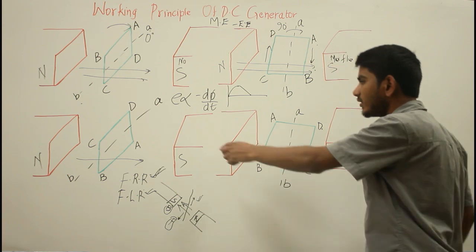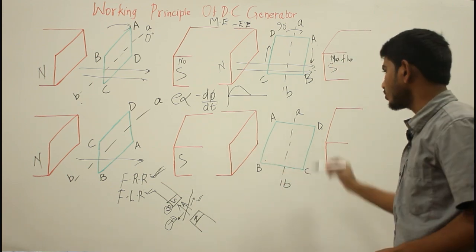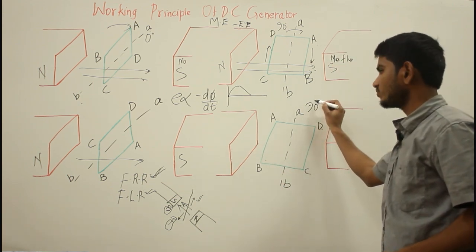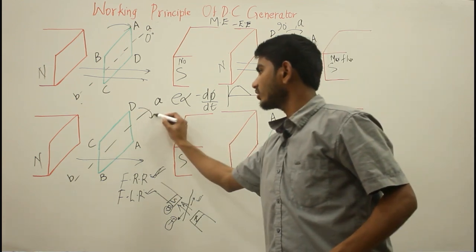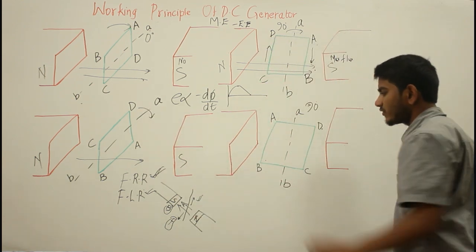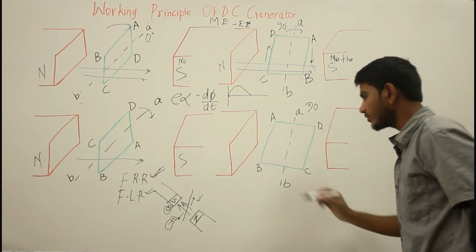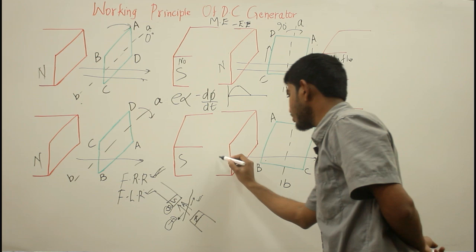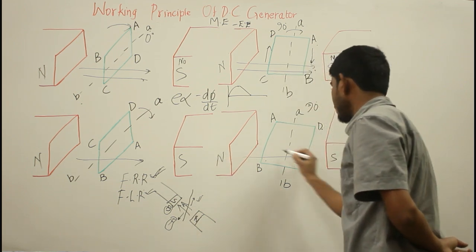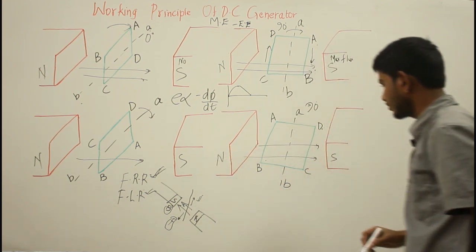Now again, if I rotate my rectangular loop ABCD by another 90 degrees, then the tangential motion of the conductors AB and CD is just perpendicular to the magnetic flux lines. So this will be the north pole and south pole, and they are just perpendicular to the flux lines.